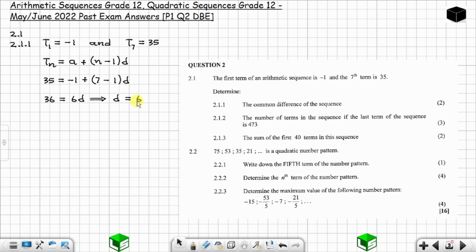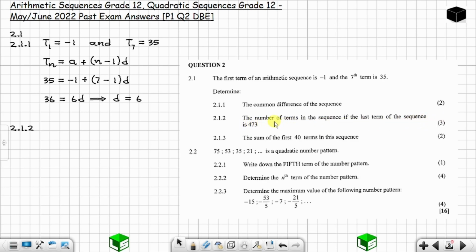Now let's do question 2.1.2. The question is: determine the number of terms in the sequence if the last term of the sequence is 473. The question is 3 marks.